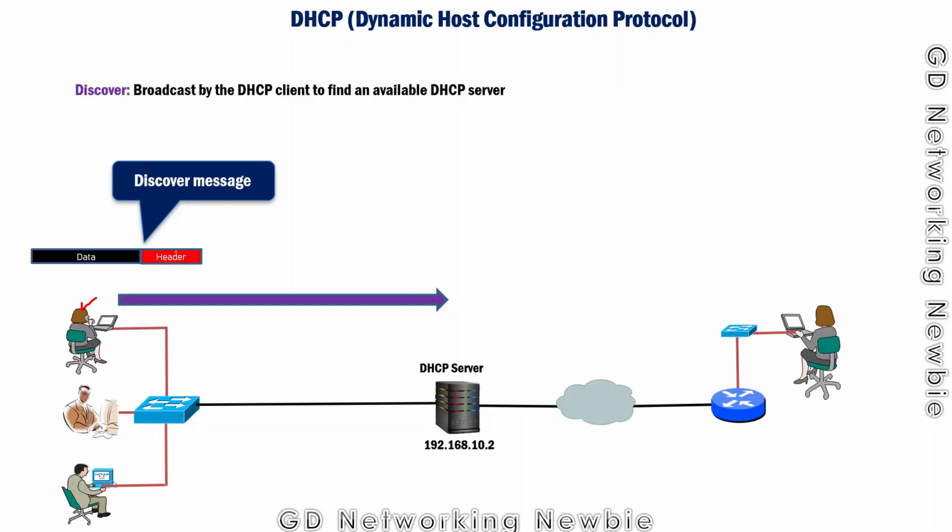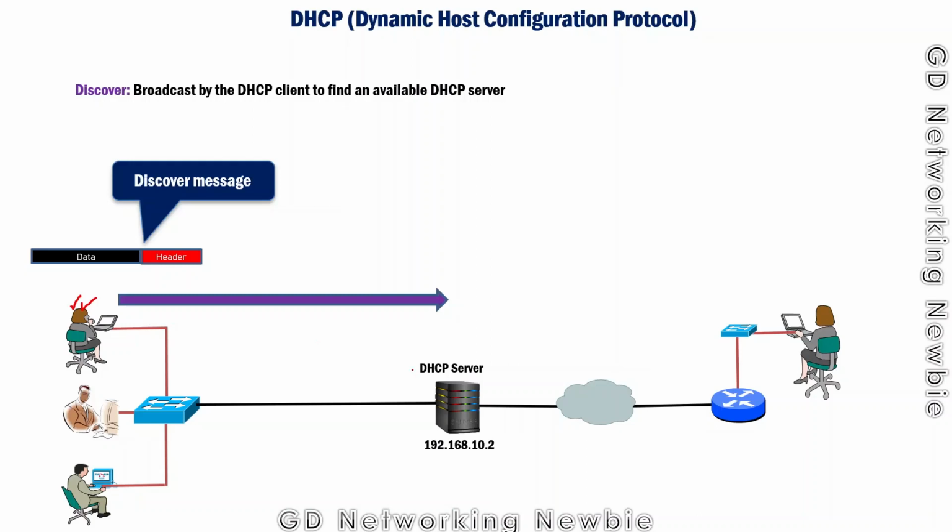This information has to travel in an IP packet, so in the header part we need an IP address for the destination as well as for the host. But at this point, the problem is that this client does not have an IP address. It is actually looking for an IP address. Then how can we assign a source IP address to it? And it also doesn't know the destination server's IP address.